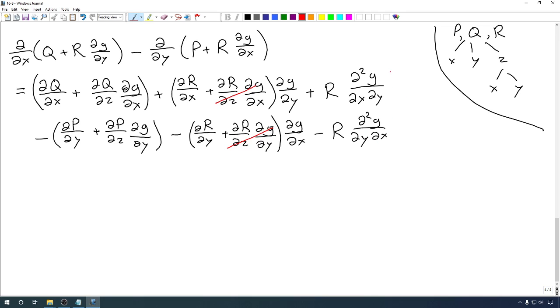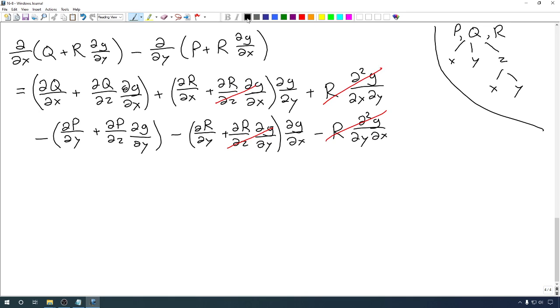So these two derivatives are exactly the same thing. And therefore, when they're both multiplied by the same r, they'll still be the same thing, and we have a minus sign here, so they cancel out as well.